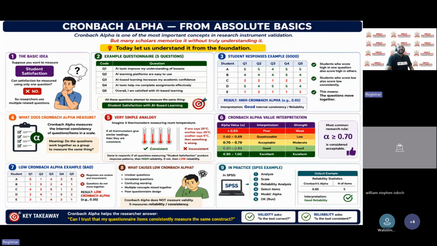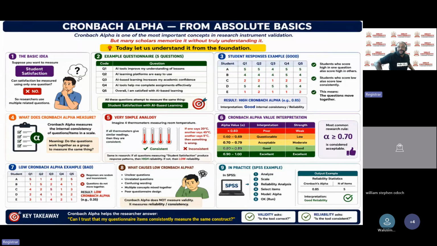But the basic idea of this test is what you are supposed to measure, and we are going to see whether this is the only way to measure it. Some researchers may use a single, straight question, but I say no. To understand a student's satisfaction, you can use a 1 to 5 set of questions, but there should be internal consistency between the questions.